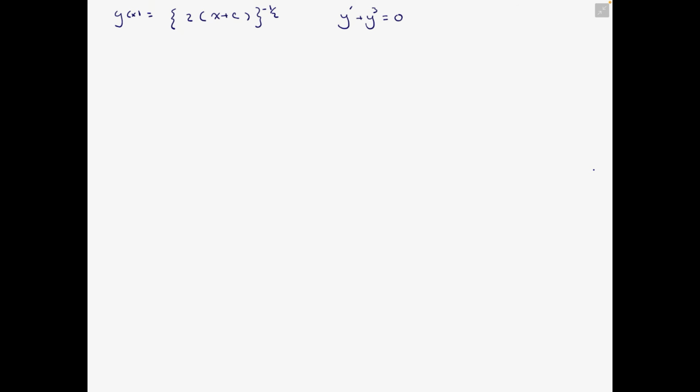So in this case we have y prime equals minus y to the third. V then is equal to y to the minus 2.